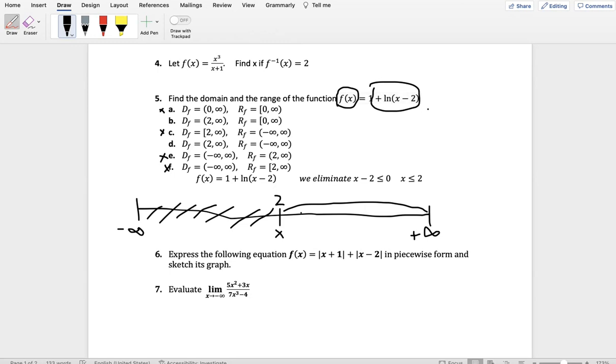right? And then if you plug in again, anything greater than 3, if you take 4, for example, you have ln of 4 minus 2, which is ln of 2, right? And ln of 2 is positive, right?